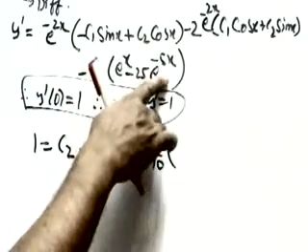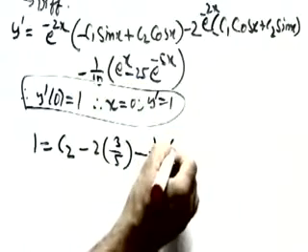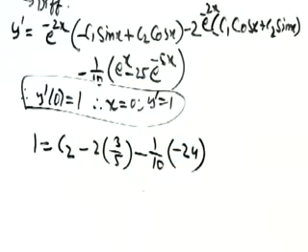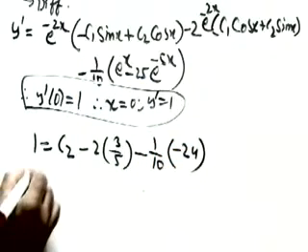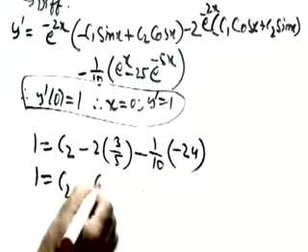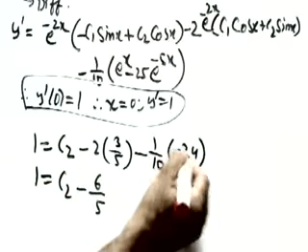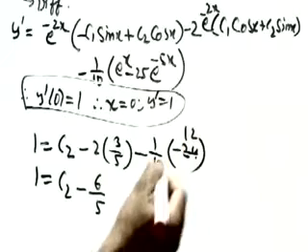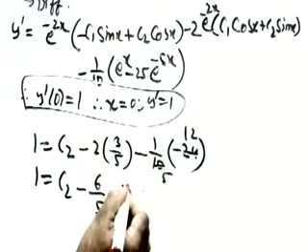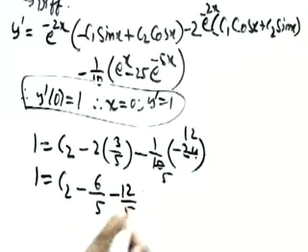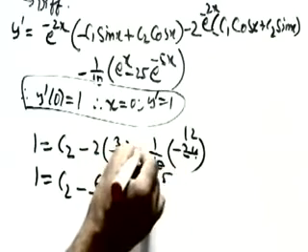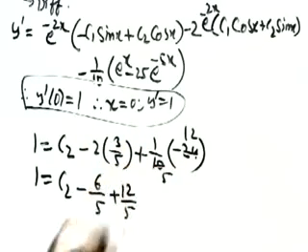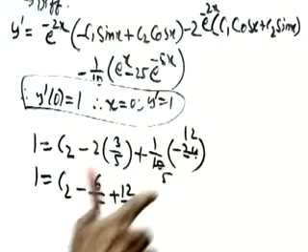Now come here, minus 1 by 10 into, this is 1, this is 1. 1 minus 25 is minus 24. Now let me solve this one. 1 equals to c2 minus 6 by 5. Now see here, 2 12s are 2 5s, so this is minus 12 by 5, minus into minus plus.